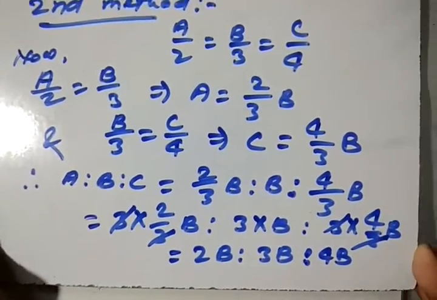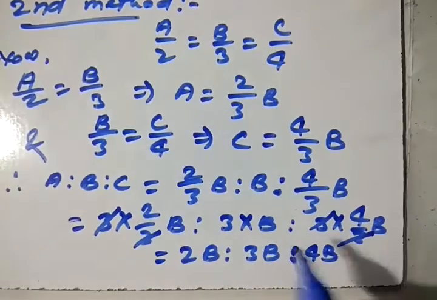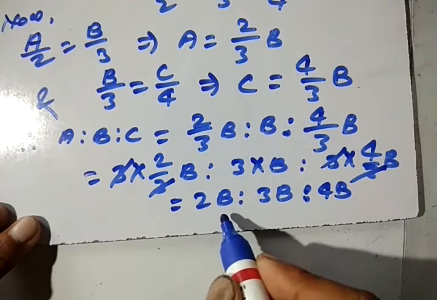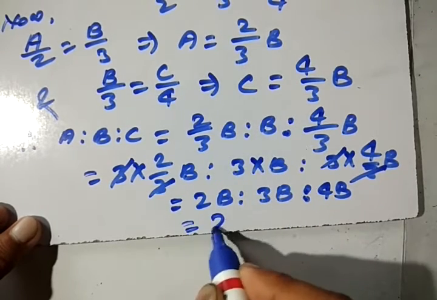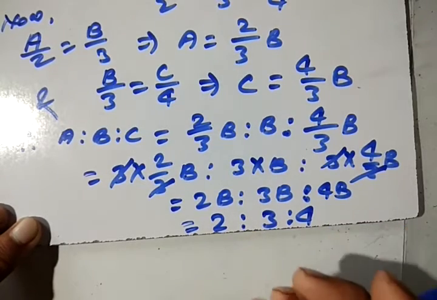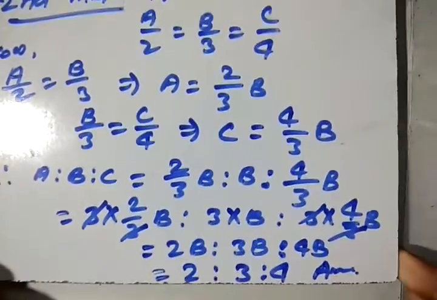Again we divide these terms by b, we get 2 is to 3 is to 4, which is the simplest form of the ratio and the final answer of the given question.